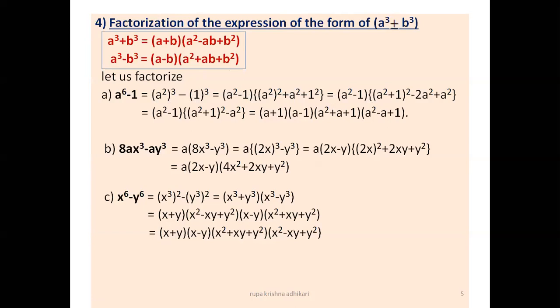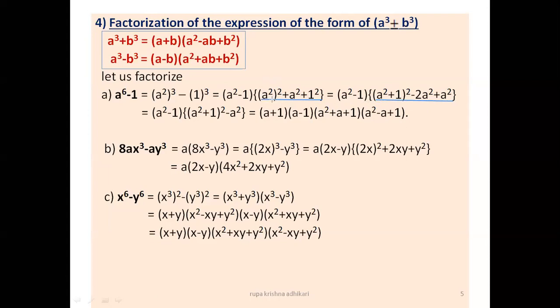Now here what I have done is, here this term, a square whole square plus a square plus 1 square. This term I have converted it to this form.